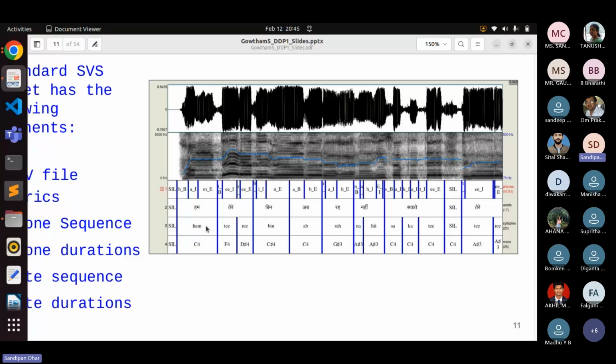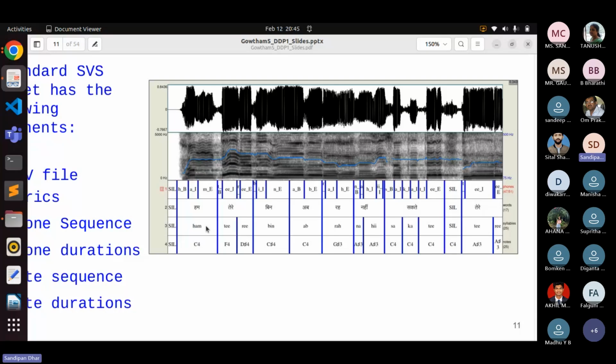The transitions also get changed, and the transition also depends on the singer we are choosing. The classical singer has a lot of freedom, so they can create their own notes, or they can modify the existing note based on their experience, just following some rules.